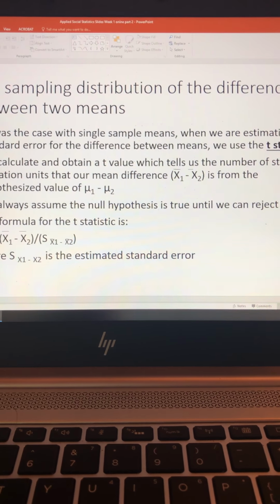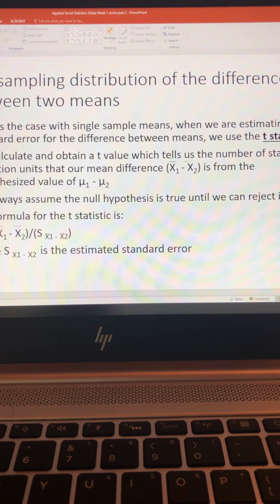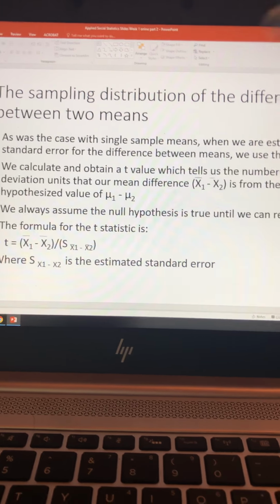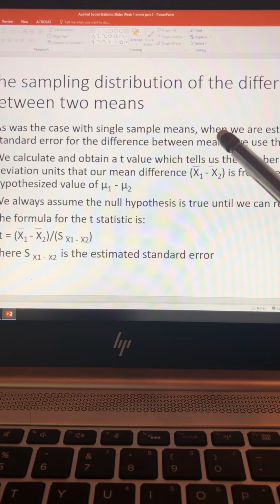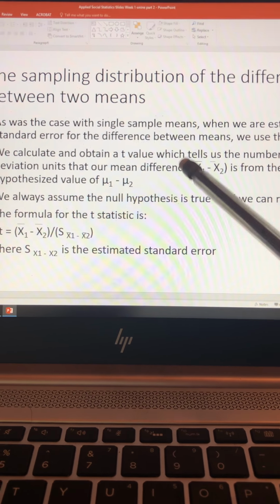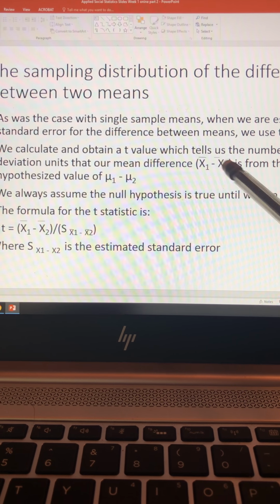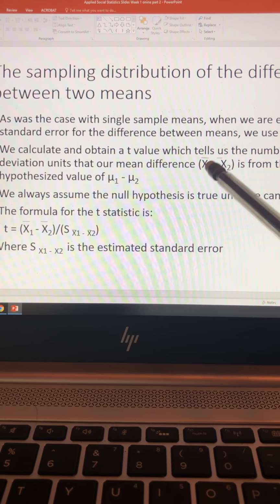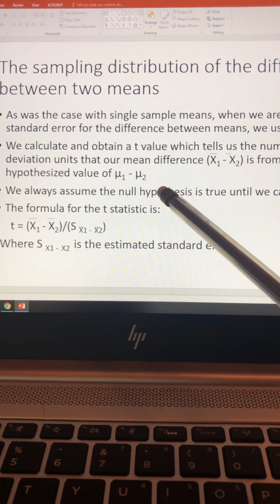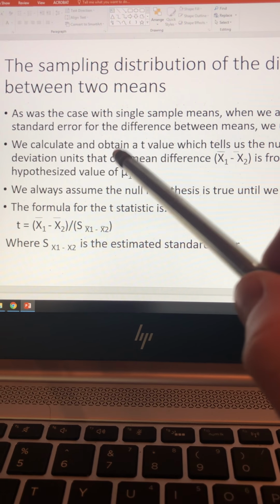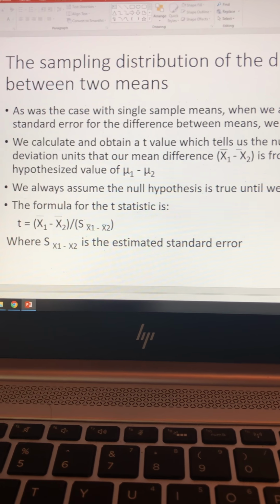Same thing in this case, we're going to use a t-statistic. So we calculate and obtain a t-value that tells us the number of standard deviation units that our mean difference, so women's mean minus men's mean, is from the hypothesized value of the population mean for women minus the population mean for men.